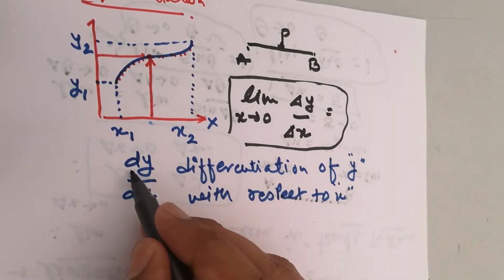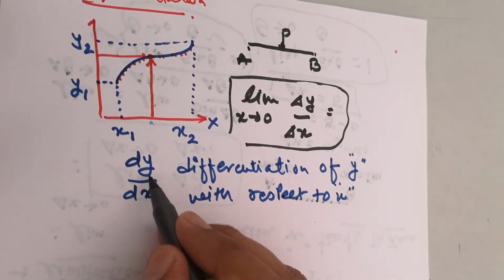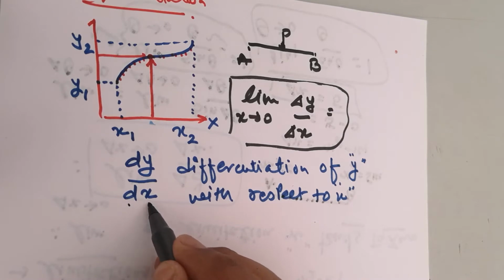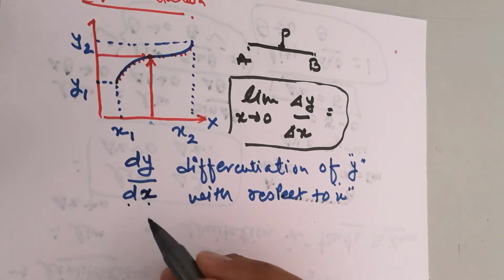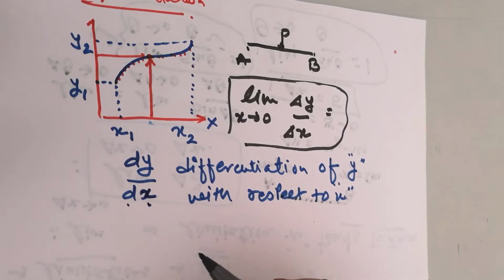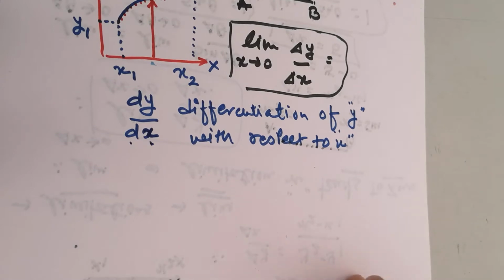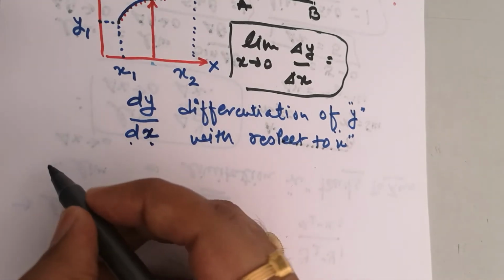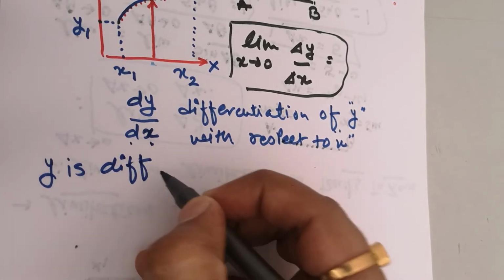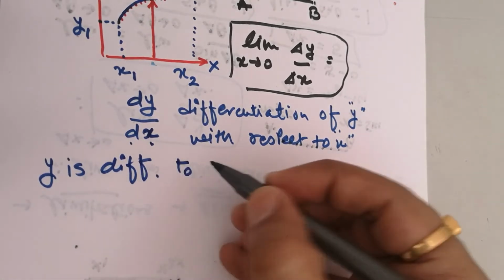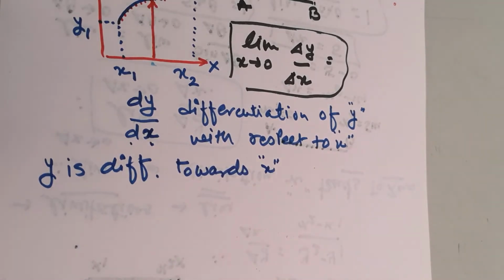Whichever quantity is mentioned after D is being differentiated, and whichever mathematical quantity is placed in the denominator after D is called the comparison part. So it is called differentiation of y with respect to x. It is read as y is differentiated towards x, or with comparison to x.